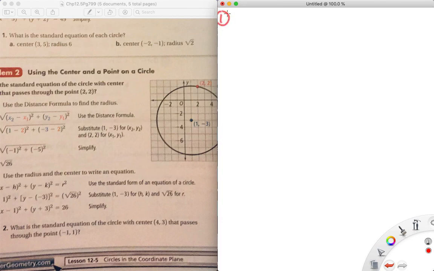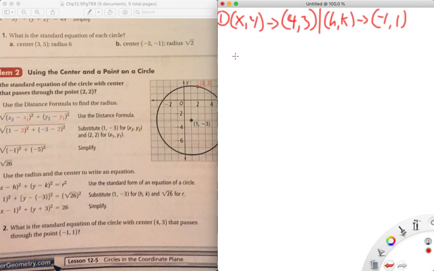So step 1, they give us that x and y is 4 and 3. They give us that h and k are -1 and 1.